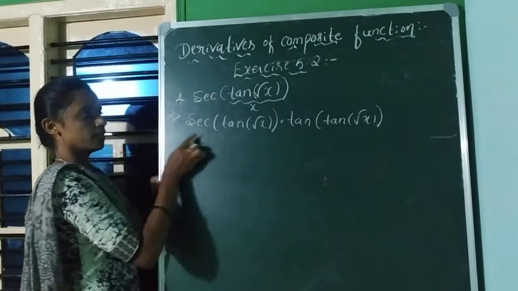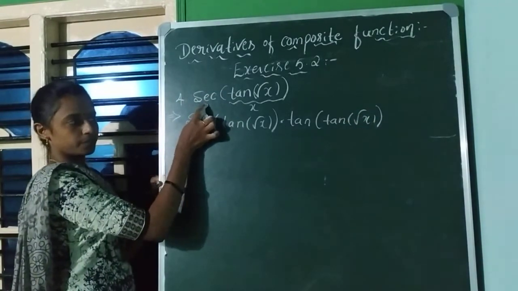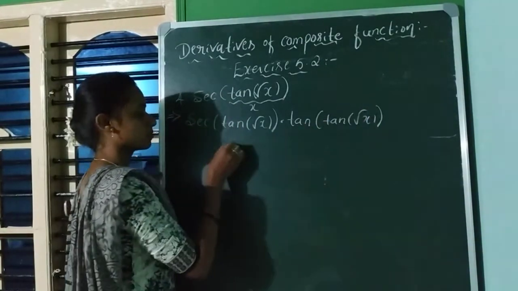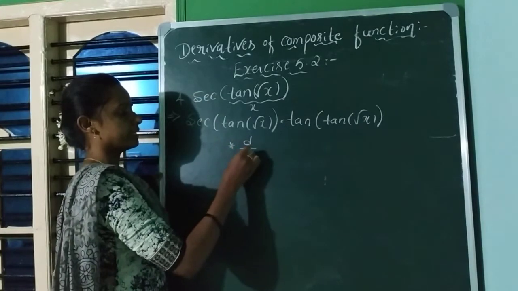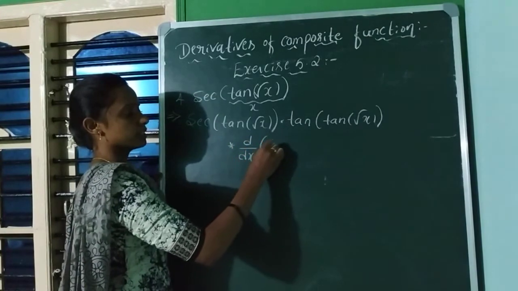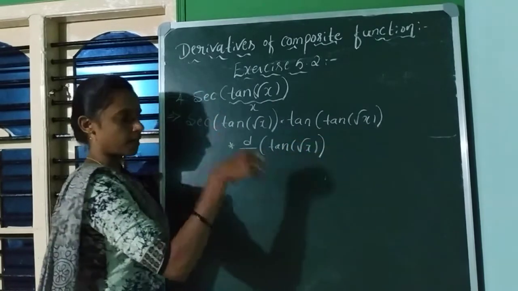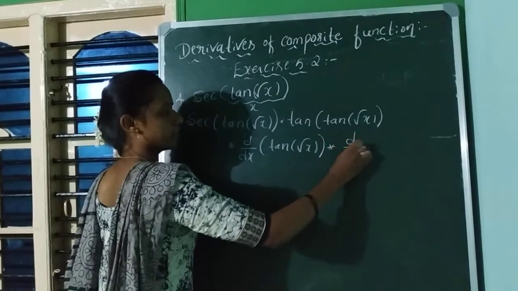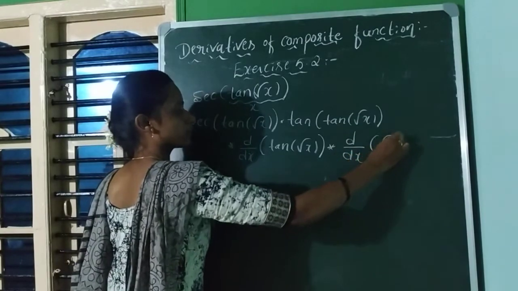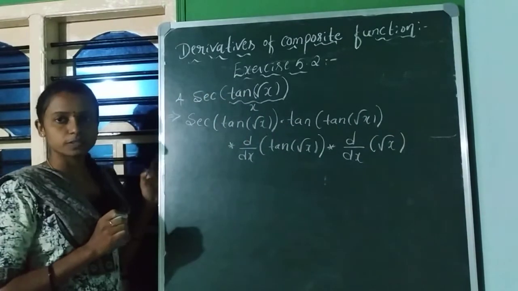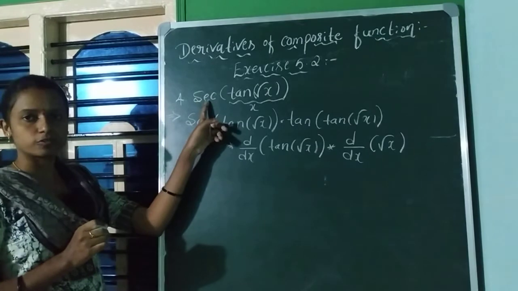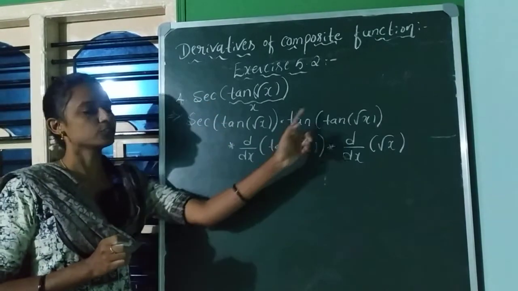This is only the derivative of the secant. Now d by dx of this tan of root x. Again you need to write a derivative of root x. Hope this is clear.